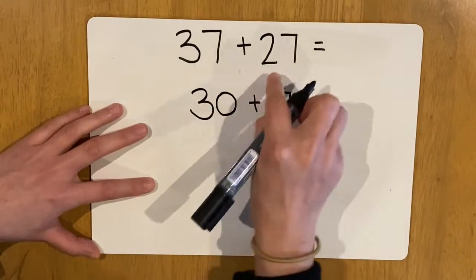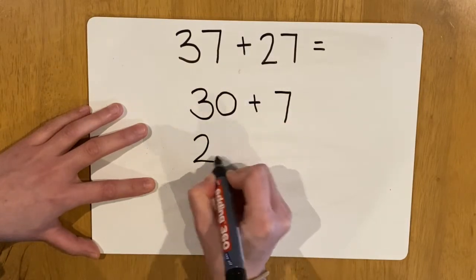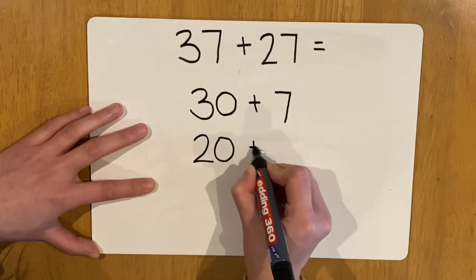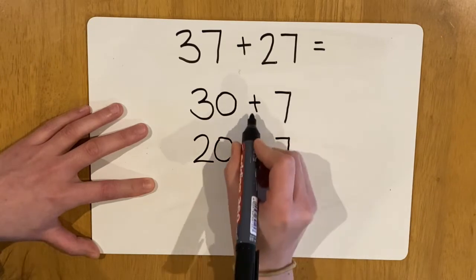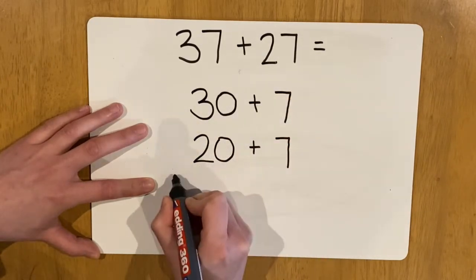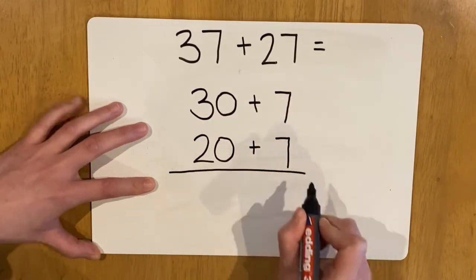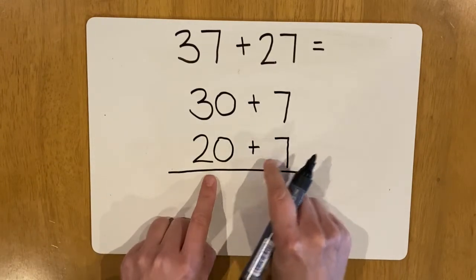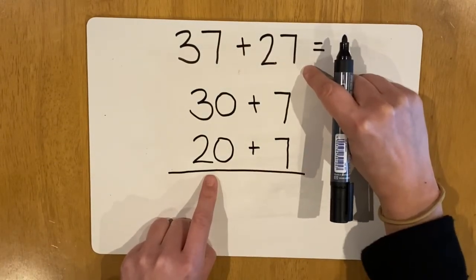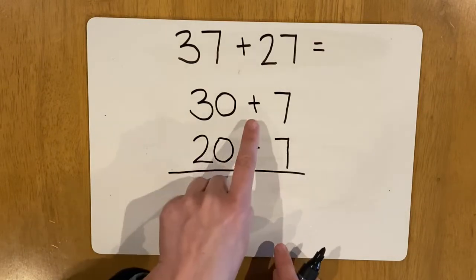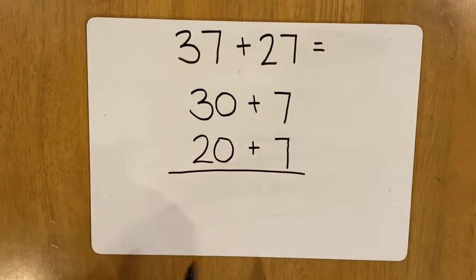Underneath it, 20 add 7. The steps are exactly the same, but we've just changed the line to a plus sign to show that 20 plus 7 is the same as 27. So this time when you copy everything out, put a plus sign in between.